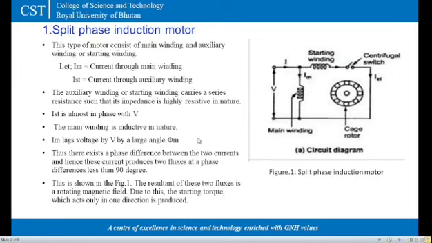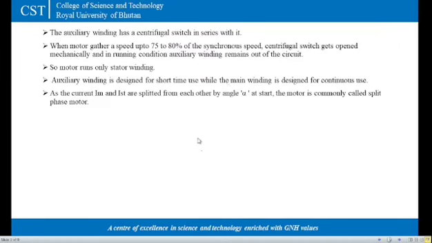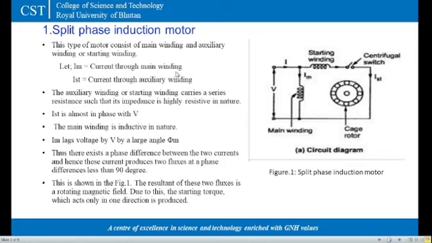Going to number 1, split-phase induction motor. This type of motor consists of two windings, the main winding and the starting winding, which we also call the auxiliary winding. Let us consider IST to be the current through the starting winding and IM the current through the main winding.